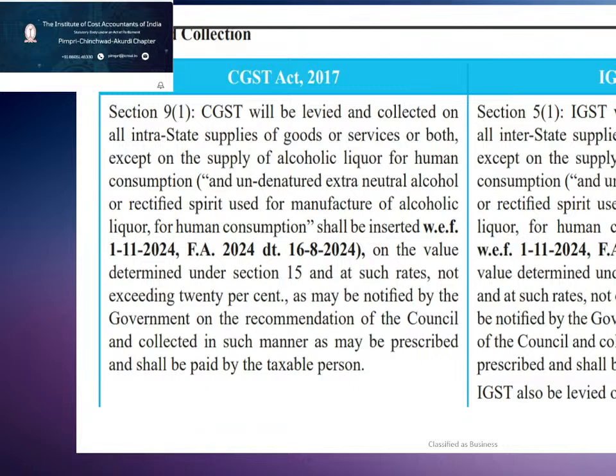The objective of this composition levy is mainly simplicity, ease of compliance burden, and to reduce the cost for small taxpayers. And this is optional. You can go for registering as a normal registration, or if you want you can opt for the composition scheme.